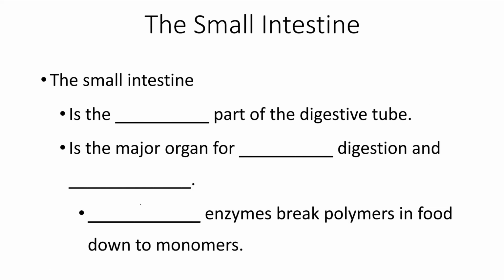The next step in the tour of the human digestive system is the small intestines. The small intestines is the longest part of the digestive system. It is the major organ both for chemical digestion as well as absorption of nutrients.